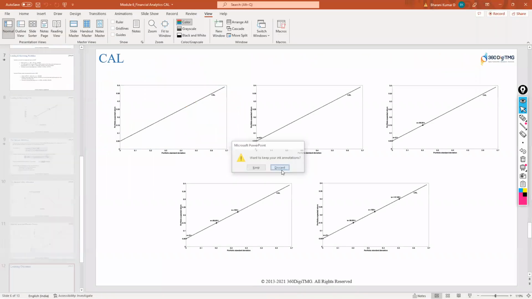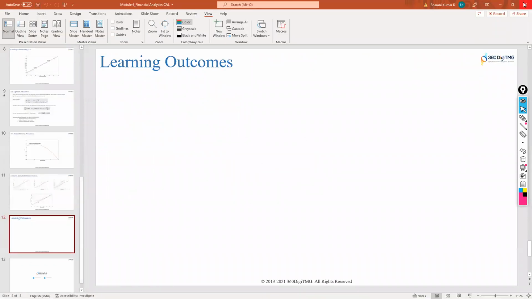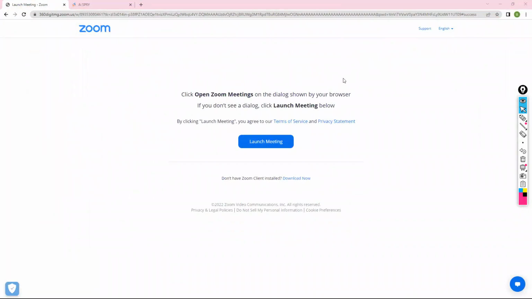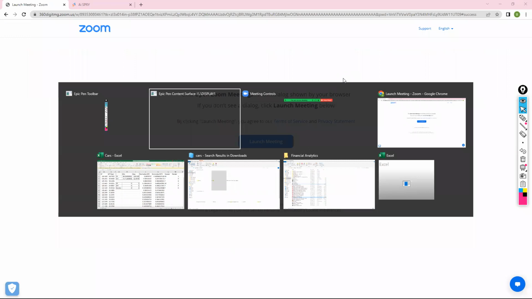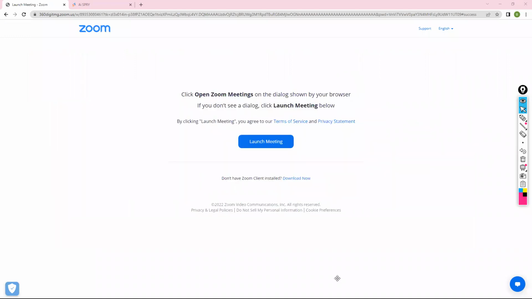So discard it because that's all we had for this. So now let me quickly get into the next presentation, wherein we will talk about more than two risky assets.